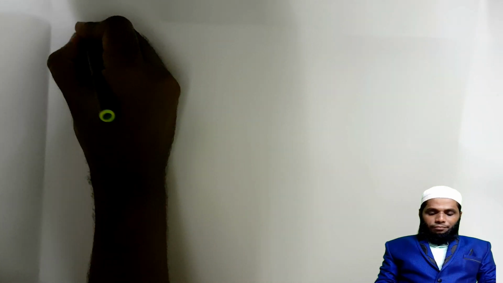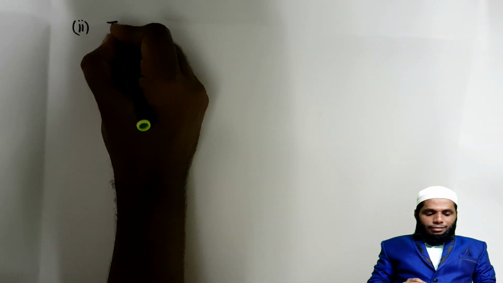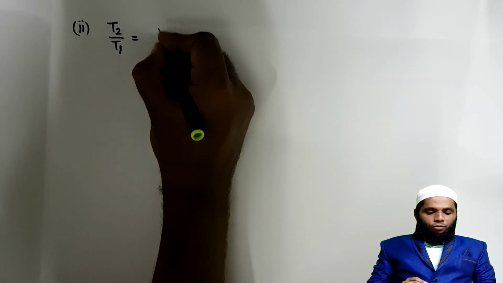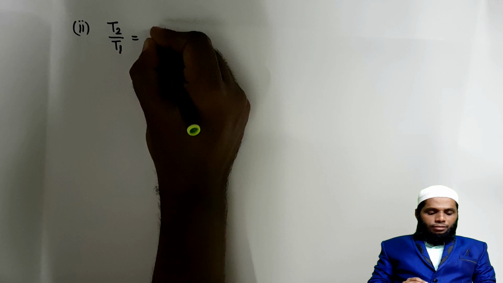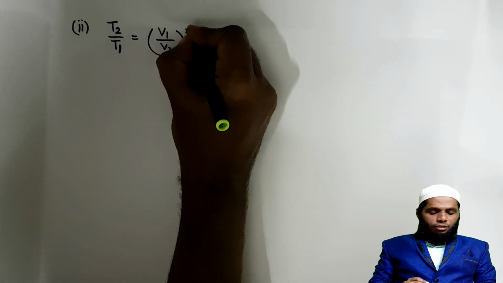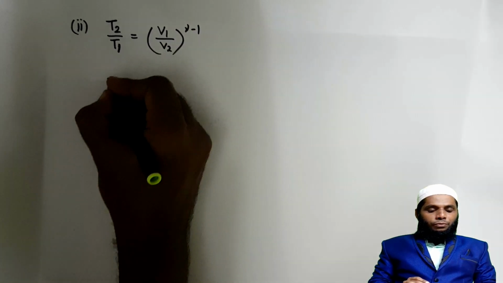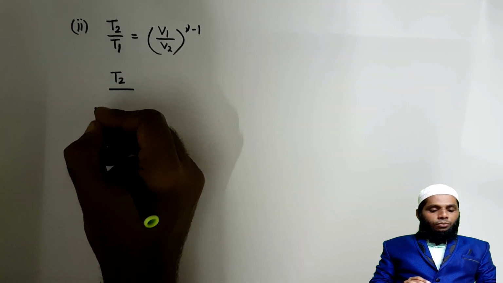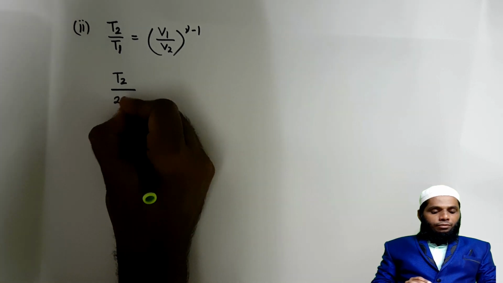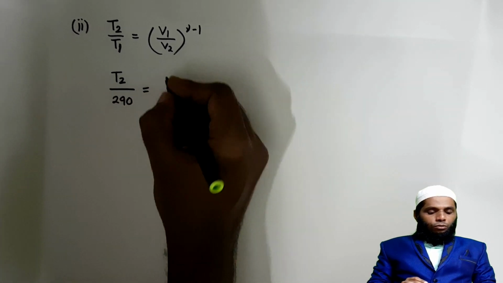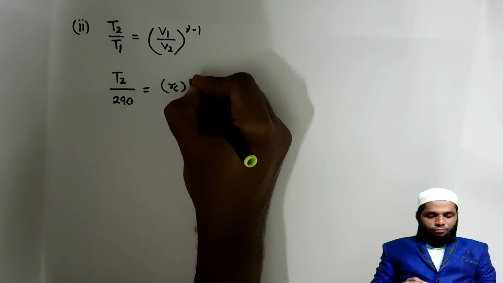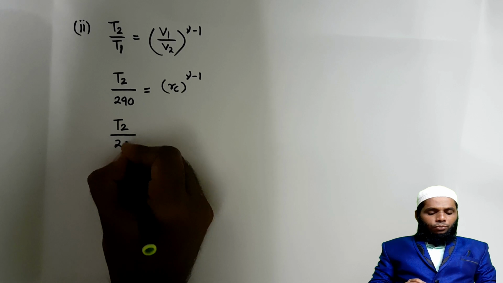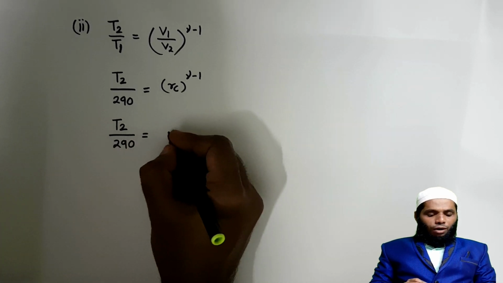In second step we'll apply temperature volume relation for adiabatic process 1 to 2. T2 by T1 is equal to V1 upon V2 raised to power gamma minus 1. So we'll substitute values. T1 we have 290 Kelvin. V1 by V2 we can write in terms of compression ratio RC.